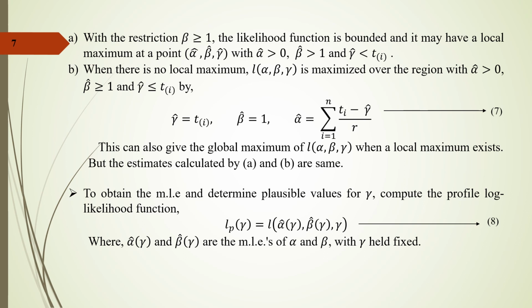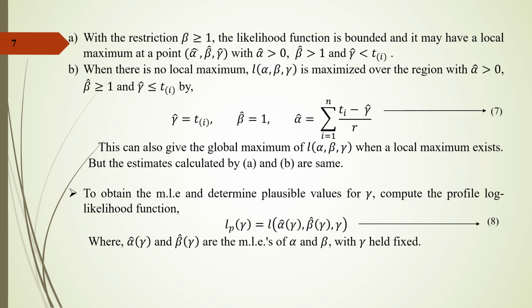This can also give the global maximum of likelihood when a local maximum exists. But for these estimates calculated by equation 7, the methods A and B are the same.